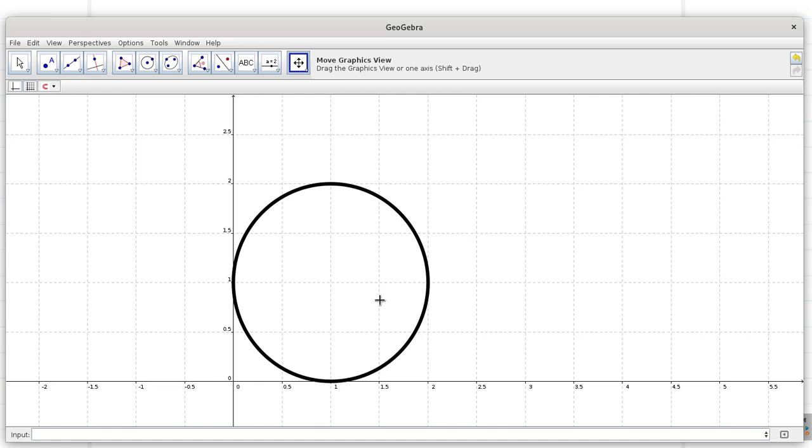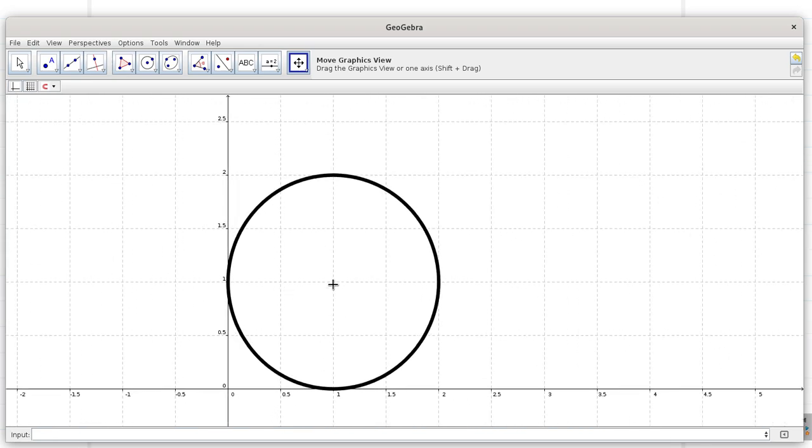Alright? It's not the circle that moves, it's the graph paper that moves. So you say minus 1. When you say minus, you take things to the left and down. Alright? If the graph paper moves to the left, it would be like the circle moves to the right. So the center of the circle is above 1 and beside 1.